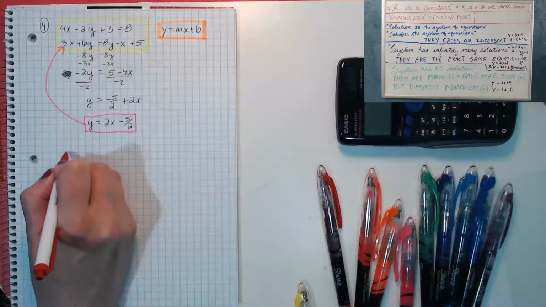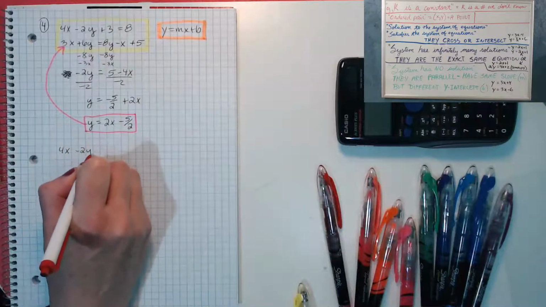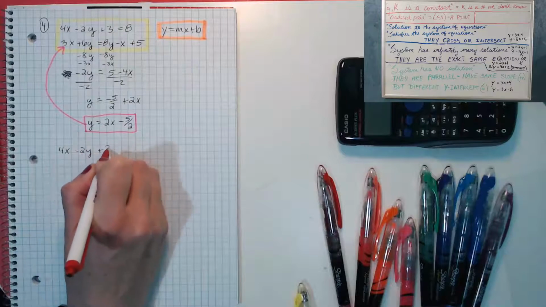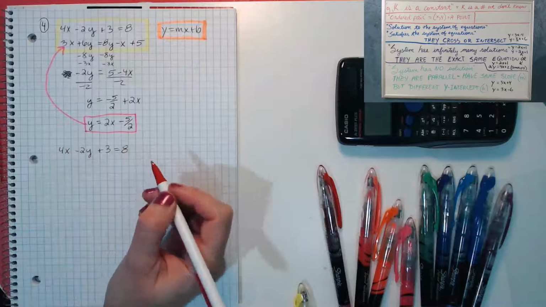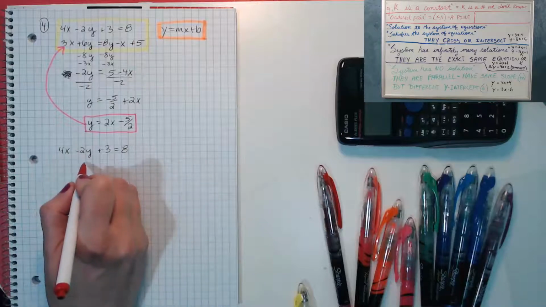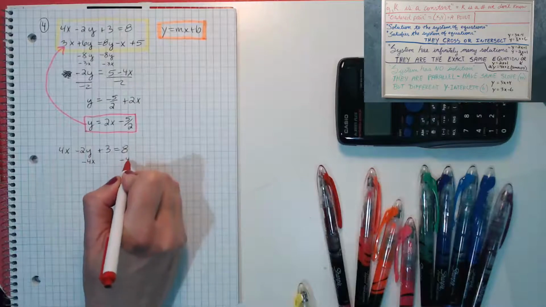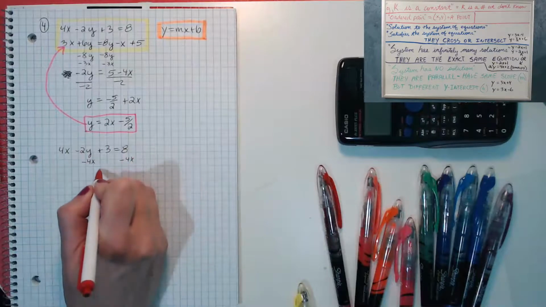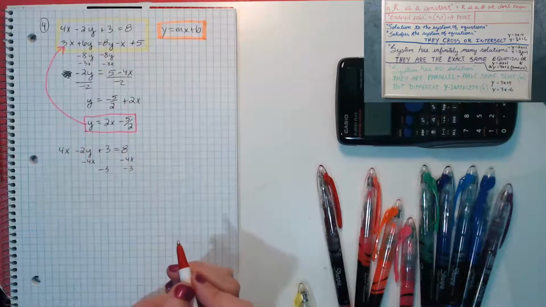For the top equation, I'm just going to rewrite it here. 4x minus 2y plus 3 equals 8. I'm going to subtract 4x from both sides. I'm also going to subtract 3 from both sides.